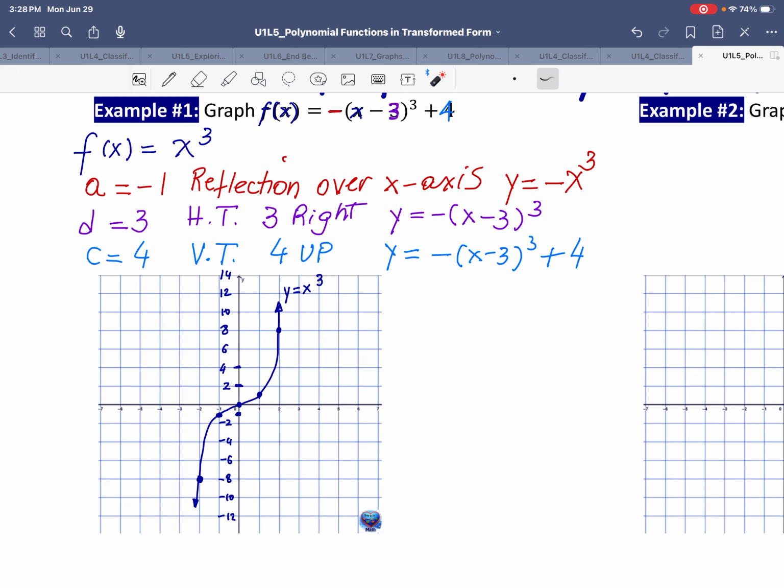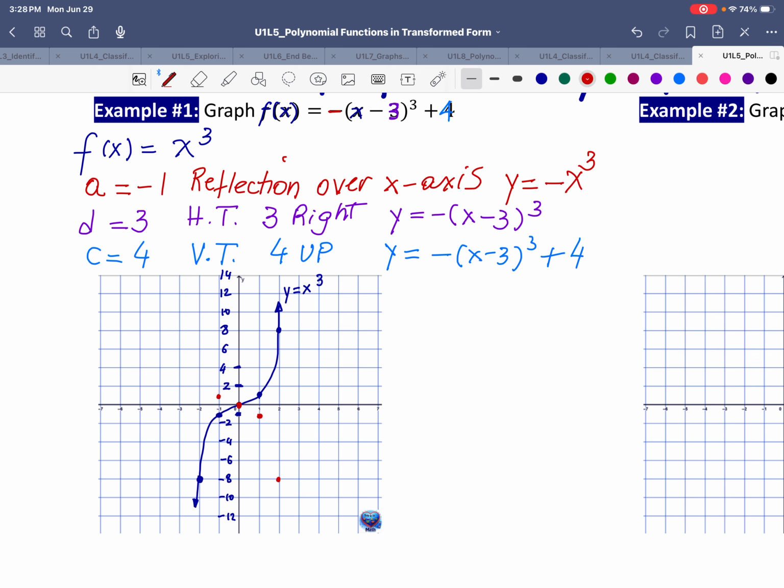As we mentioned before, now the x cubed values, so the y values, are flipped over the x-axis. So 0, 0 has nowhere to go, but this point here will go to the other side of the y-axis. So I'll mark this point. Y equals 8 will go to the other side of the x-axis. Y equals negative 1 will go to the other side of the x-axis.